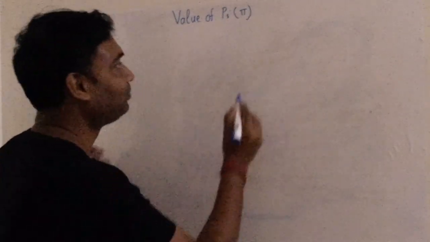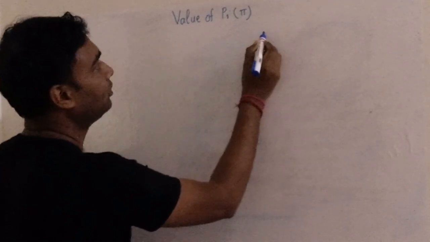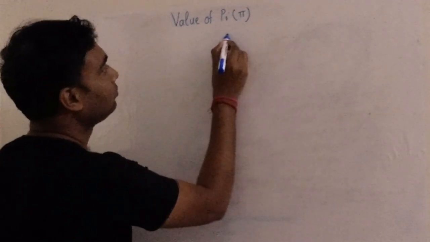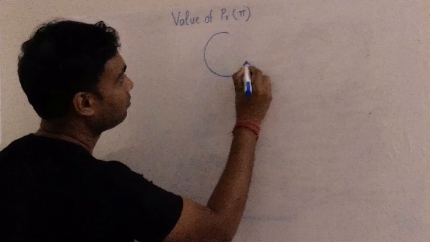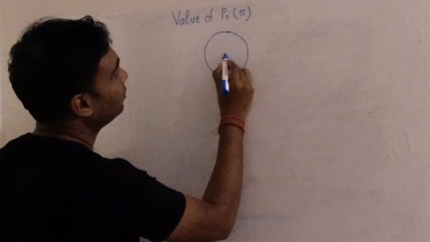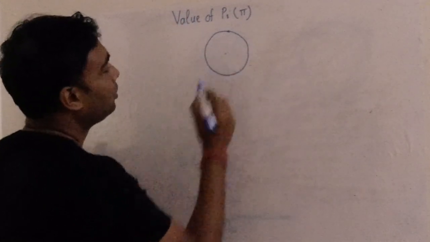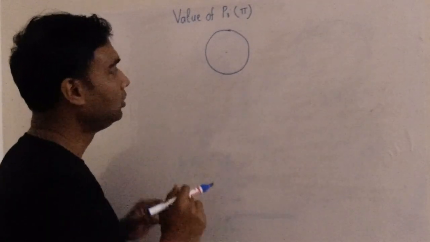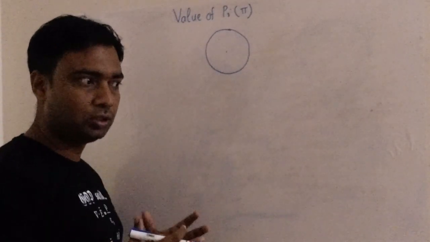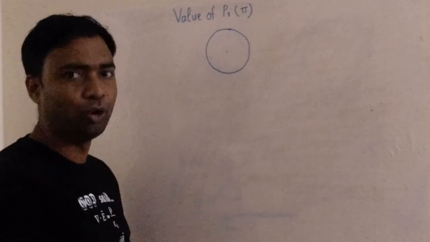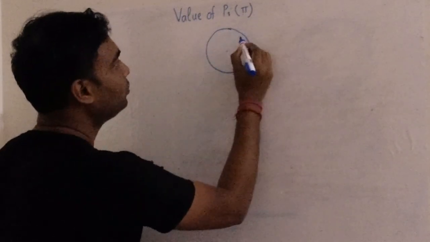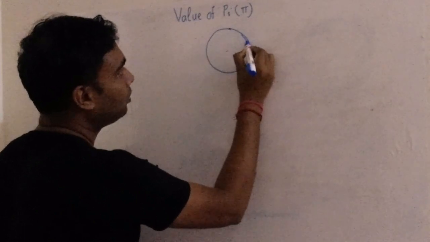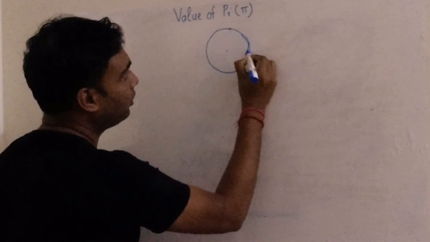Okay, so let me draw a circle first. Okay, this is a circle. Now in a circle, what we can do is that a circle is actually a special case of a polygon. So we can draw a regular polygon.